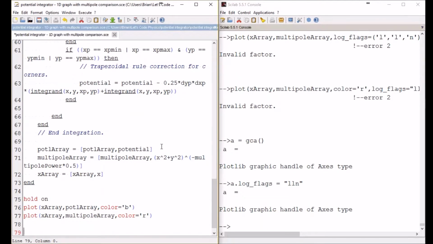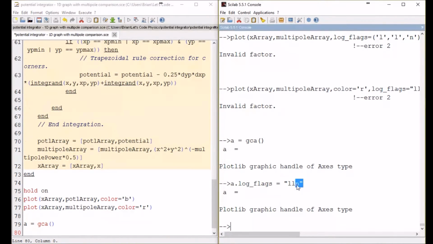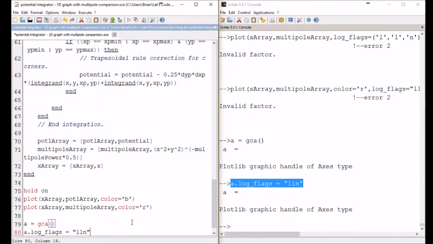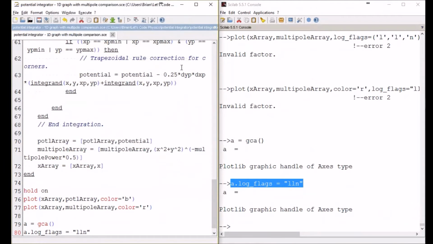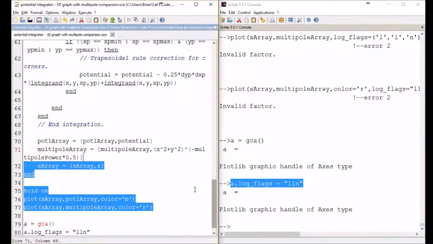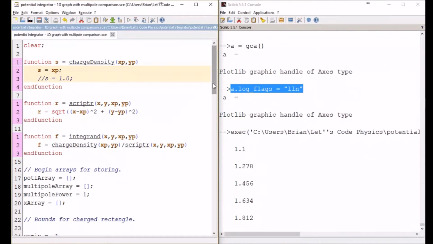Let me just put in my get current axes and then this thing here, copy, paste. There we go. And let's clear our graph there. All right, so let's run this thing, and we should get a mismatch now that we've got a charged thing that has a total charge of 0. We should be getting a mismatch in the slopes there.